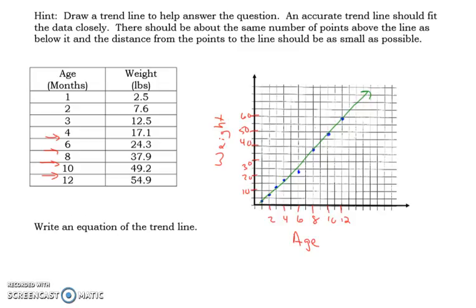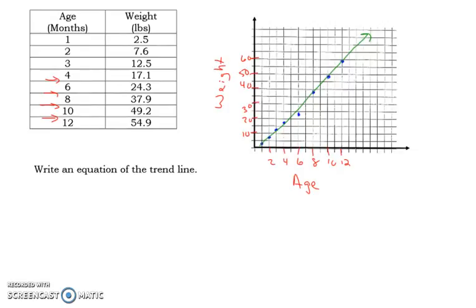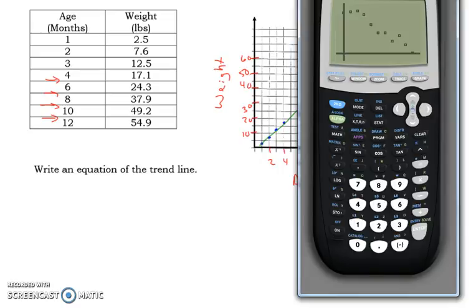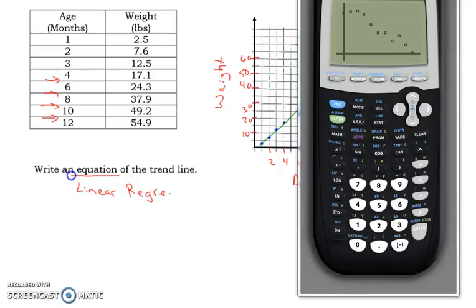Okay, so now we're going to write the equation of a trend line. Prior to this chapter, in chapter 4, you had to figure out a line based on the slope and y-intercept. But now that you know how to do a linear regression, we're going to find the equation of the trend line by doing a linear regression.